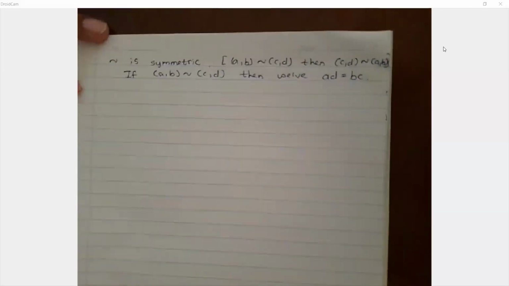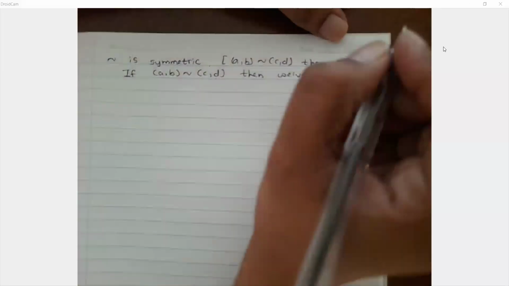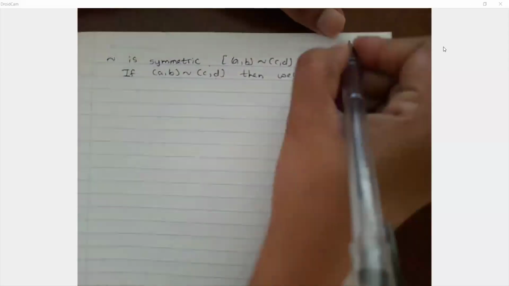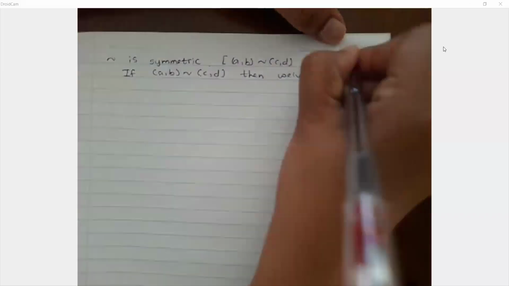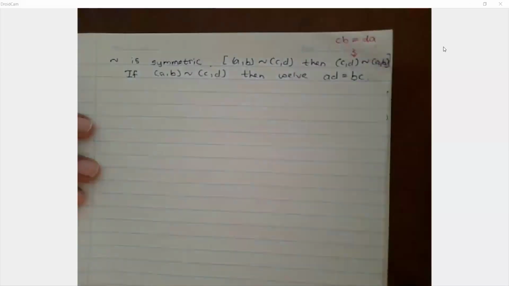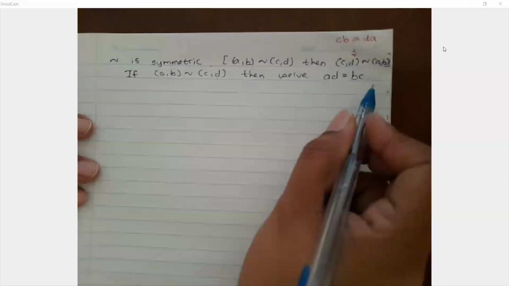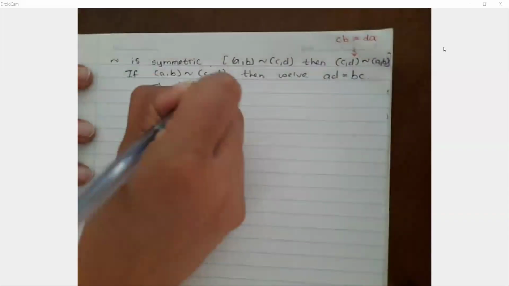The definition of tilde tells you that would mean we must have CB equal to DA. Now we have AD equals BC, so I will simply write BC equals AD.